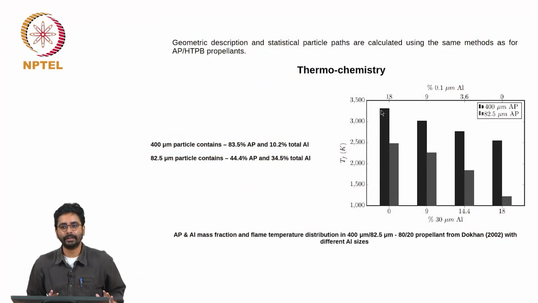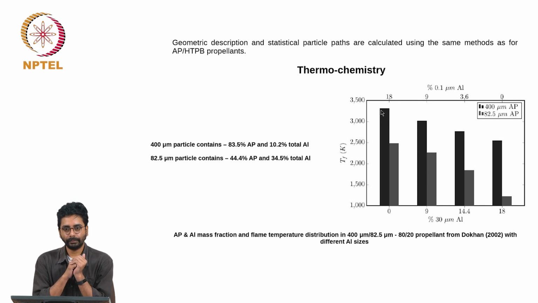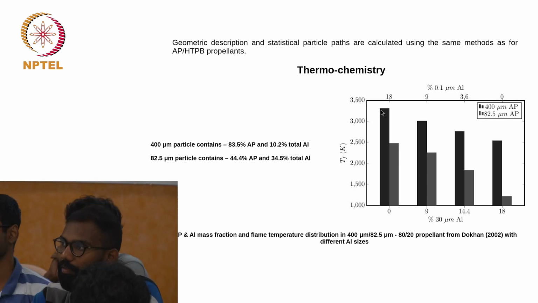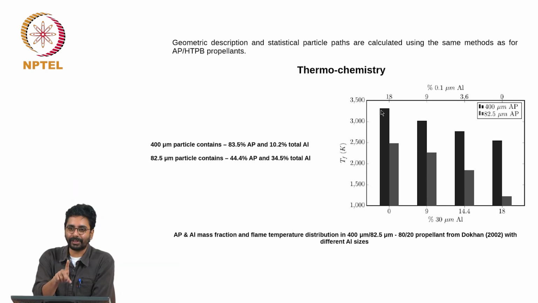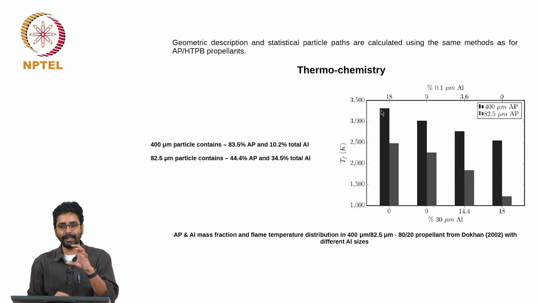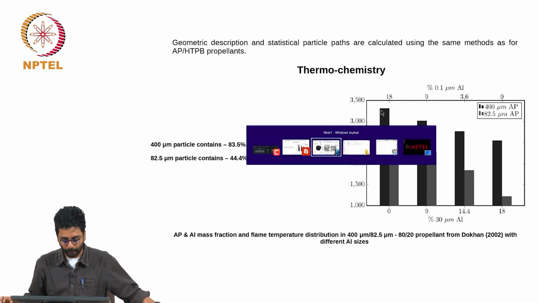This is simply based on the way the binder matrix is distributed in this model. The binder matrix is not more rich in aluminum. The binder matrix composition is uniform.